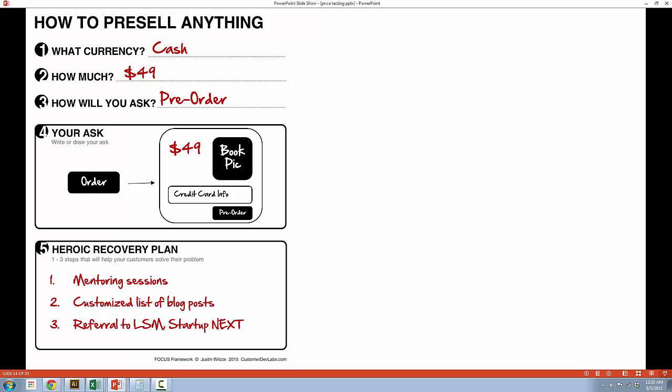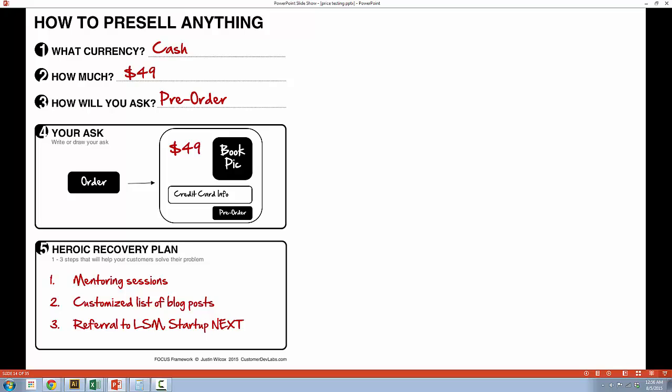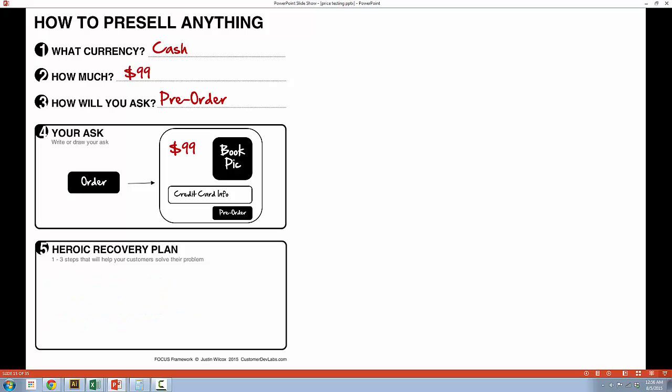So what we're going to do is we're going to compare what happens if you have one price point at something here. So here I have a price point at $49. What happens if I increase that to $99? So we're going to compare $49 to $99. So some people are going to pay $49 and some people are going to pay $99. So that's really as simple as it is. You're just going to do your A/B price testing on a pre-order page, pre-sales page.